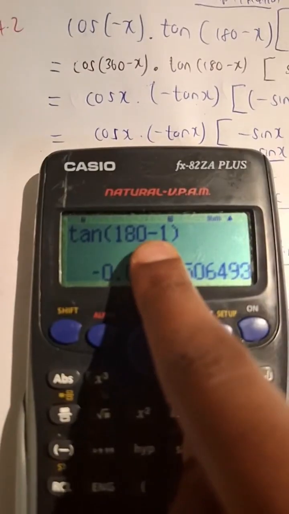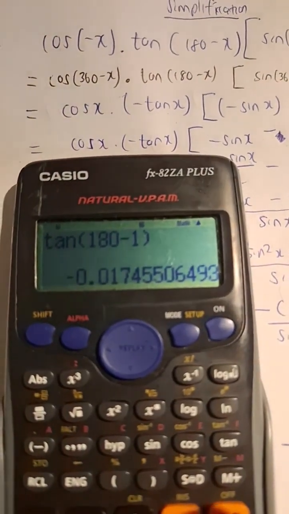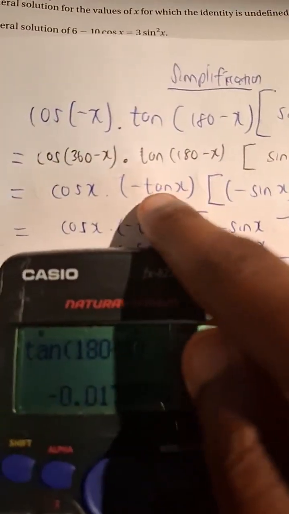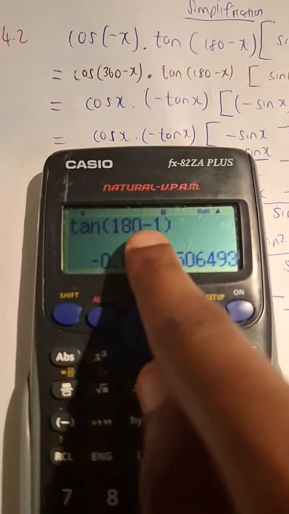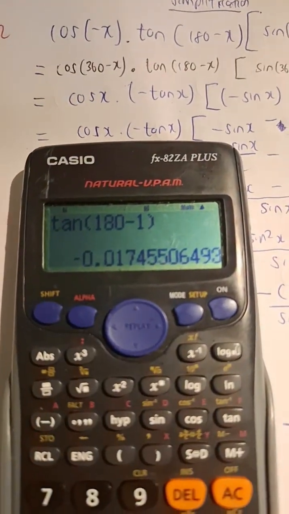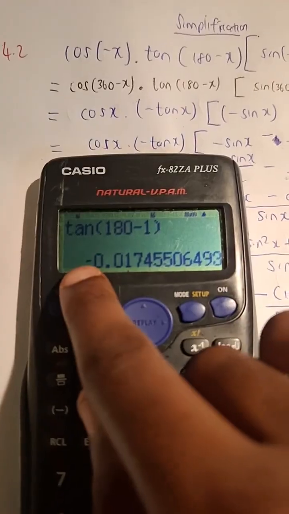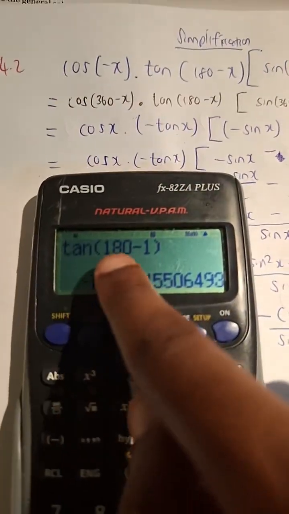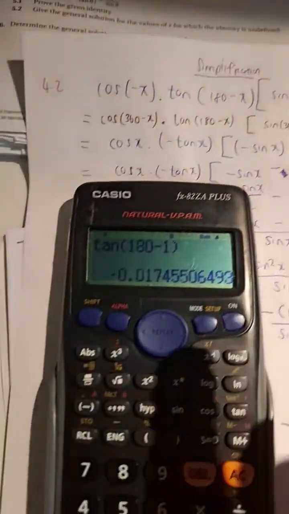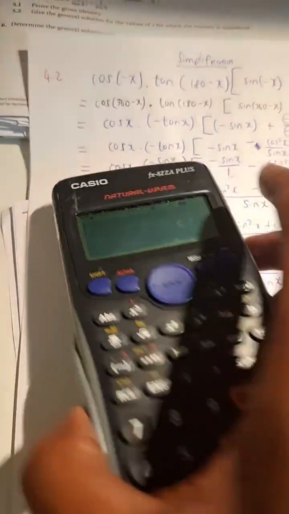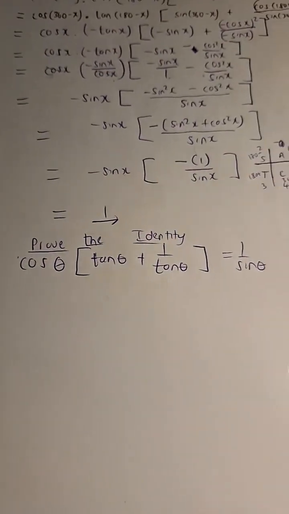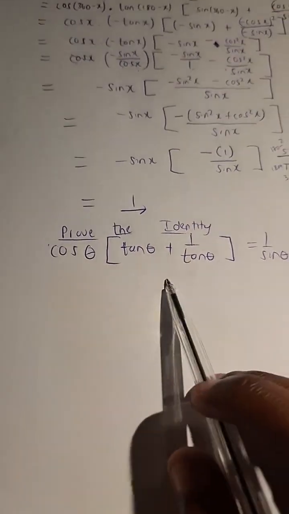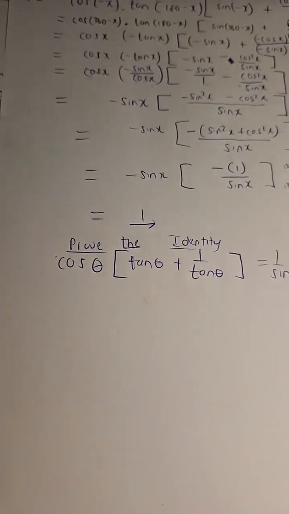So the way to shortcut the process, so that you know the sign of the trig ratio, is to just substitute 1 in the place of that theta or x value, and check the sign. The sign here is negative for tan of 180 minus x. You can check for all the ratios, and you will always know what the sign is, because that's the major thing, the sign. Anyways, that's just shortcut stuff.